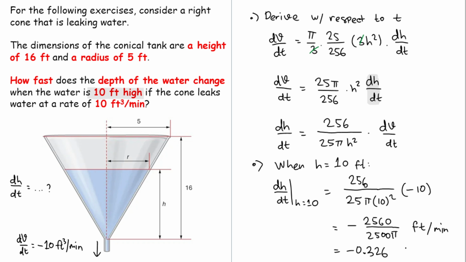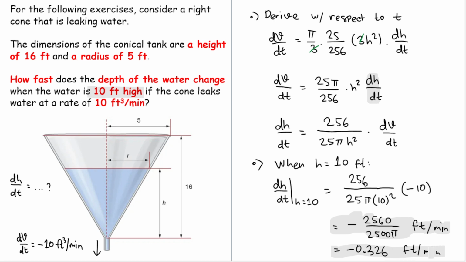And then the unit here will be feet per minute. Okay, and that's all. This is the exact value, and this one here is the approximate value numerically. And I think that's all for this problem. Hopefully I did not make any mistakes during my calculation here, because that is very long and complicated.